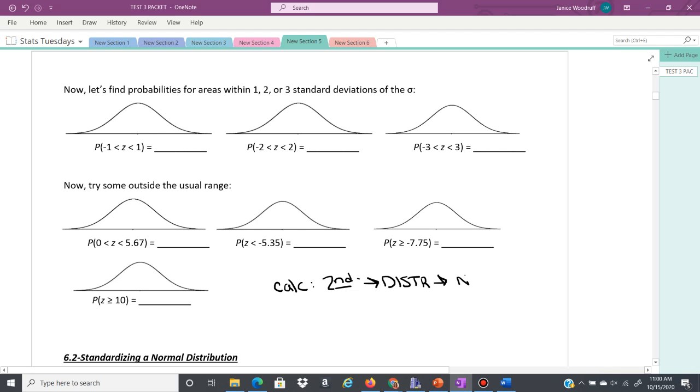Then you're going to go to normalcdf. It's going to be a little bit different for the 83 and the 84. So the 84 will say lower limit and upper limit. You'll put those in. And then for the 83, this will pop up. And then here you're going to put lower limit, comma, upper limit.